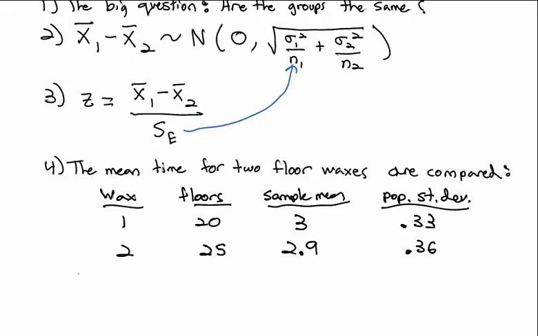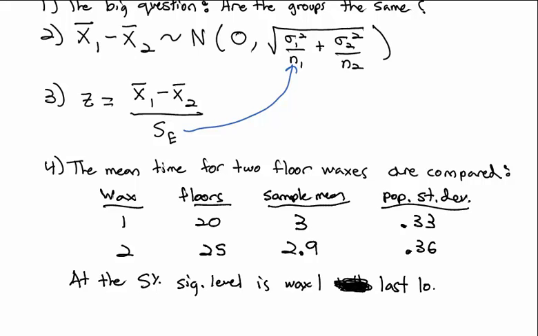The question we're going to attempt to answer is, at the 5% significance level, does wax 1 last longer than wax 2? I mean, it seems like it's got a higher average, 3 compared to 2.9.